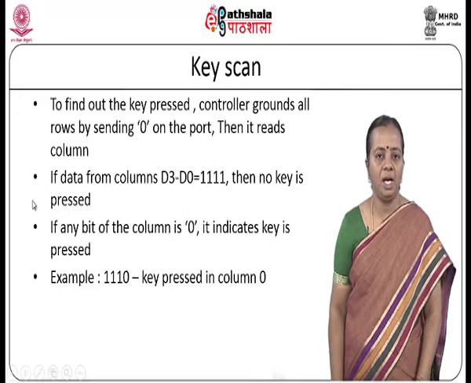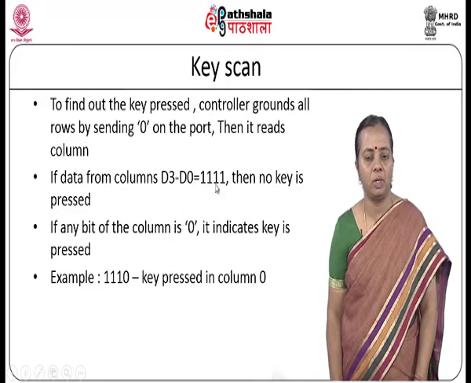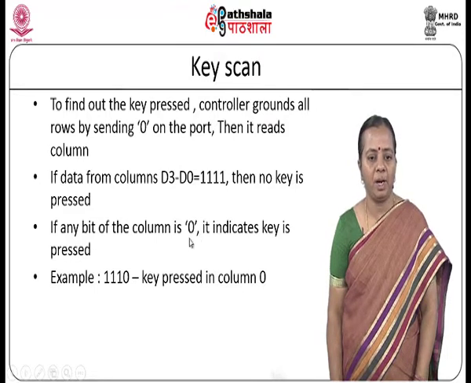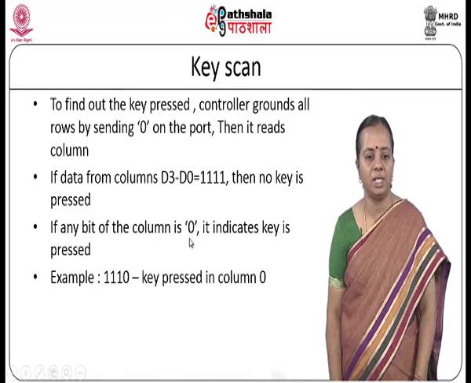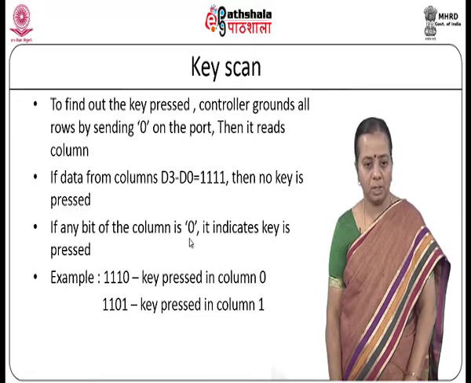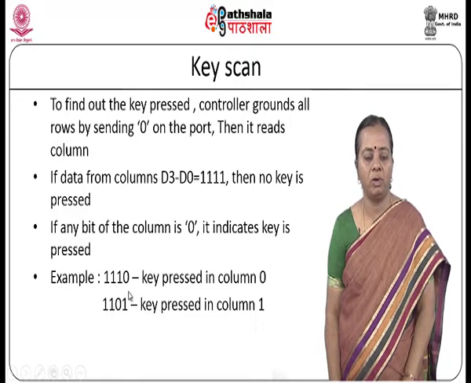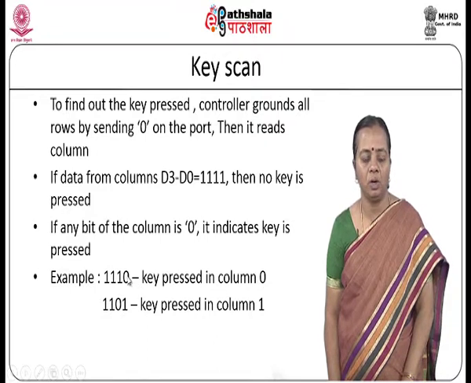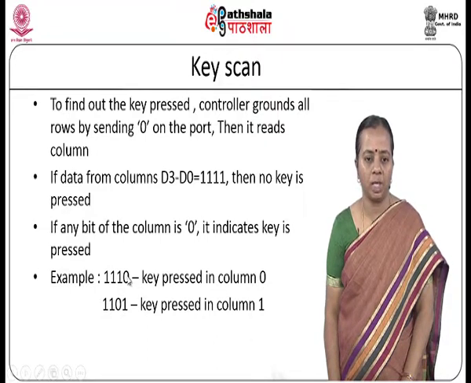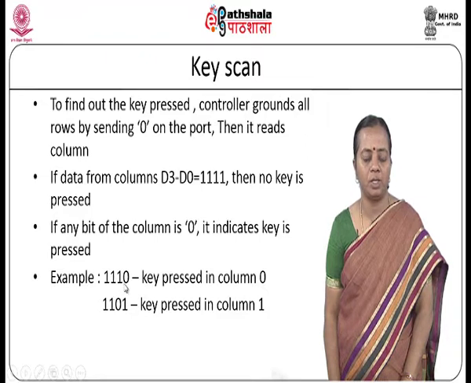If the data from the columns D3 to D0 is 1111, then no key is pressed. If any one of the columns is 0, then it indicates that some key is pressed. For example, if I am getting 1110, then I will say the key is pressed in column 0. That means this is 0, because everything is grounded through that particular key, so I get a 0 only there.